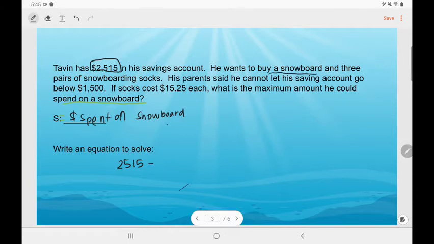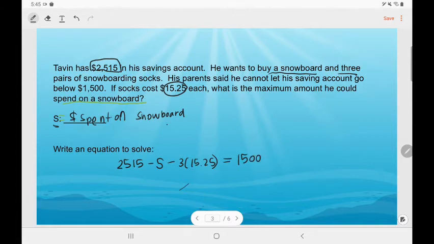I don't know what that costs, but I did represent it with an S. So, minus S. And he also paid for 3 pairs of snowboarding socks. I know how much his snowboarding socks cost, and I know he bought 3 of them. So 3 times $15.25. And I want that total amount to give him at least $1,500 in his bank account. So I'm going to write equals $1,500.